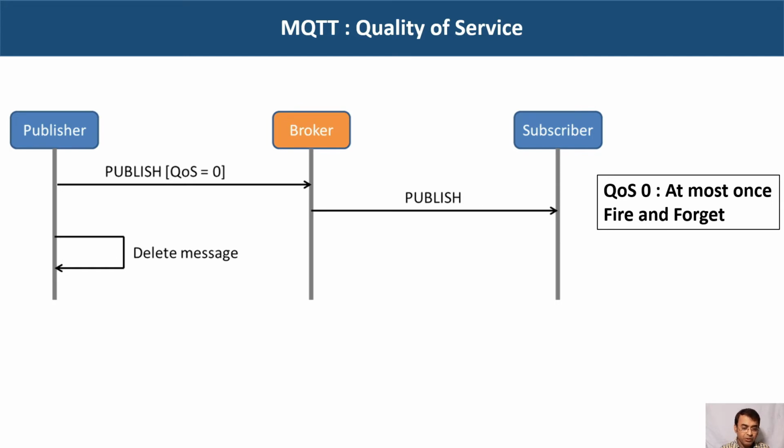No storage. After a certain time, the publisher will delete the data. Okay, so that is the case, that is called fire and forget. No storage, after publishing no storage, or before publishing no storage.